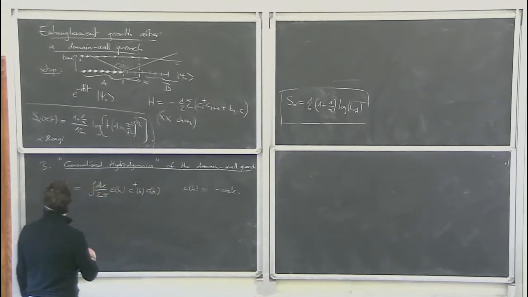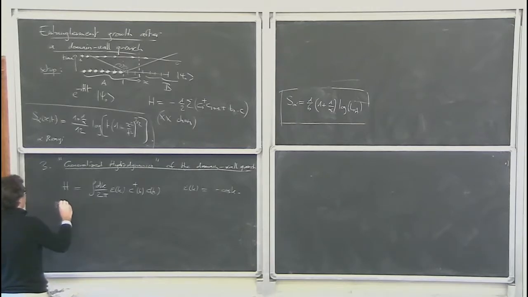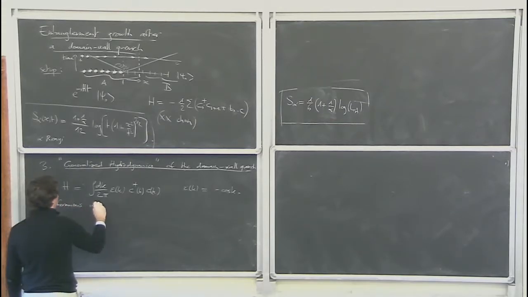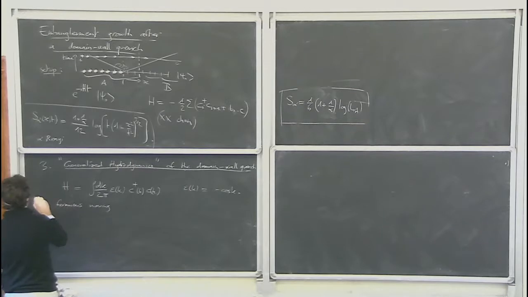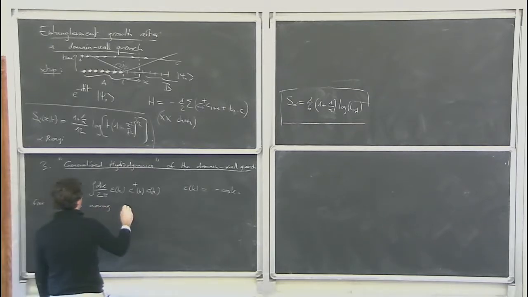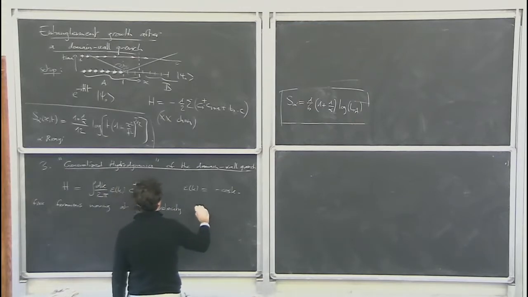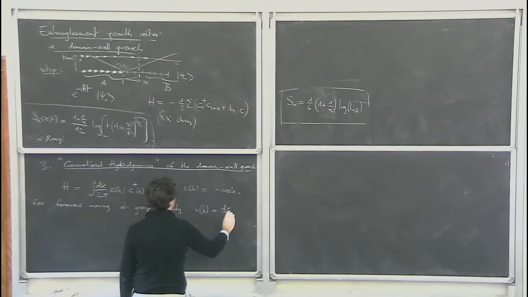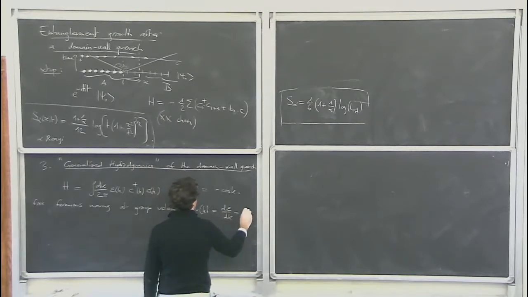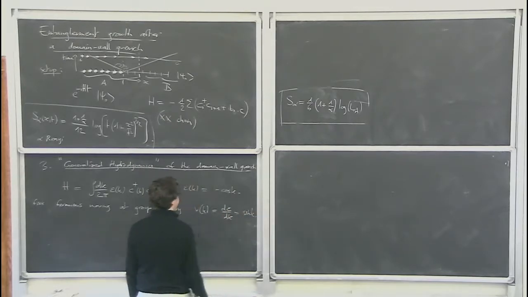And so this tells us that we have particles, so fermions, free fermions moving at their group velocity v of k, which is the derivative of epsilon with respect to k, which is just sine k.